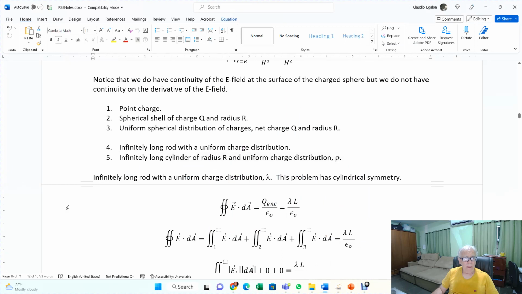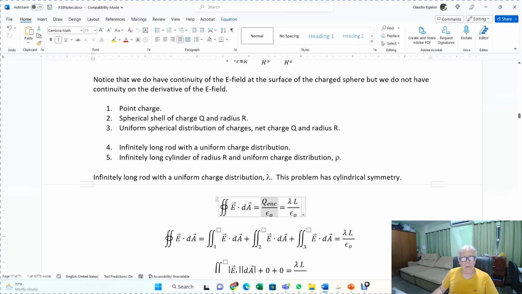Gauss's law states that the electric flux through that imaginary Gaussian surface, the integral of E dot dA, is going to be equal to Q enclosed divided by epsilon naught.